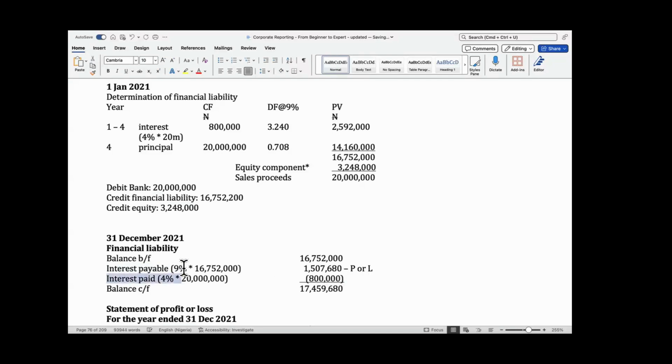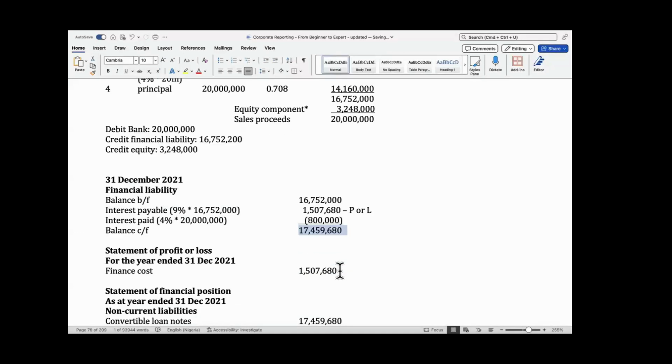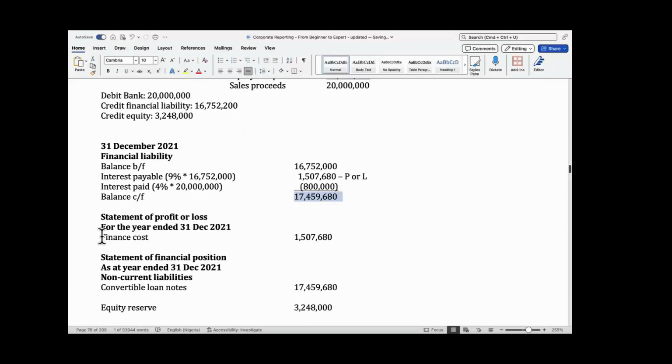But out of this 9%, what we actually paid, based on our agreement, is 4% of what we borrowed, which is 800. So just like I've taught you under amortized cost, sometimes you add this to this, then you remove this, the balance gives you 17.4. Then what goes to my P&L is majorly this finance cost, this interest payable of 1.5.